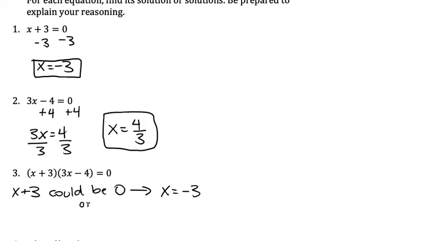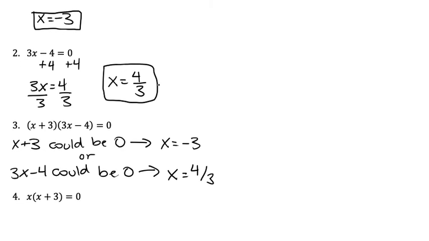Or 3x minus 4 could equal 0, which is the problem that we solved up here in number 2, and that means that x equals 4/3. So again, we see here where we have two answers, x equals negative 3 or x equals 4/3.